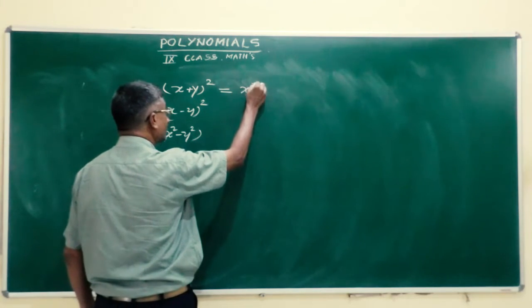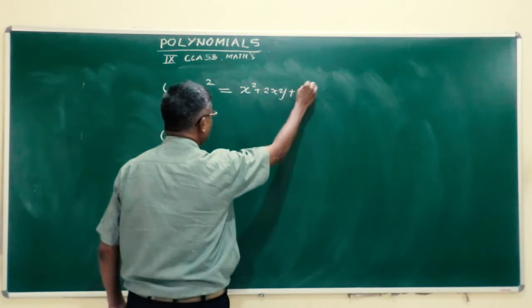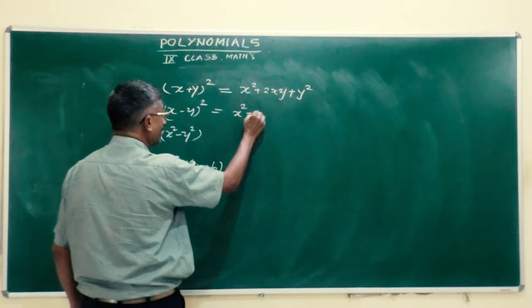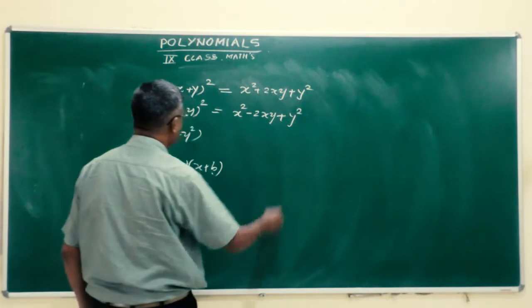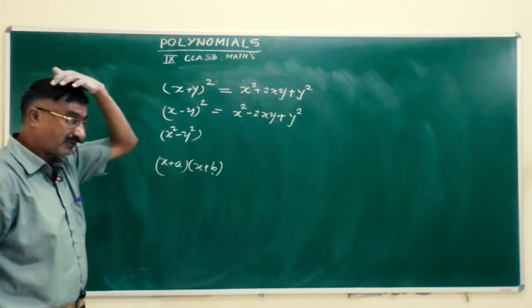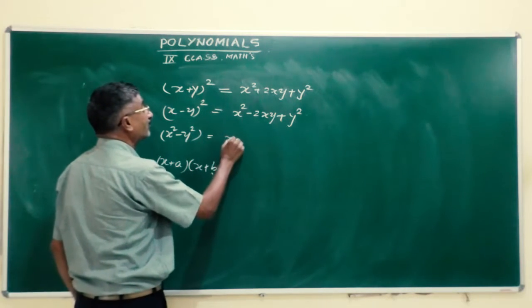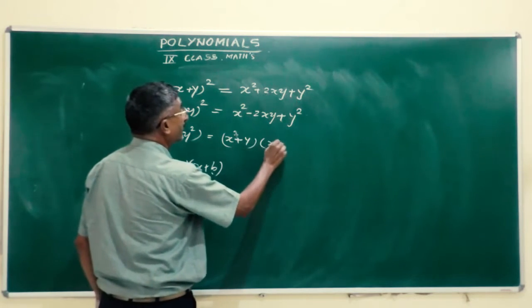So this is x square plus 2xy plus y square. You are already aware of this, x square minus 2xy plus y square. Why is this a plus sign? Because minus y square, minus 1 square is plus. So that is why it is plus, and this is equal to x plus y into x minus y.